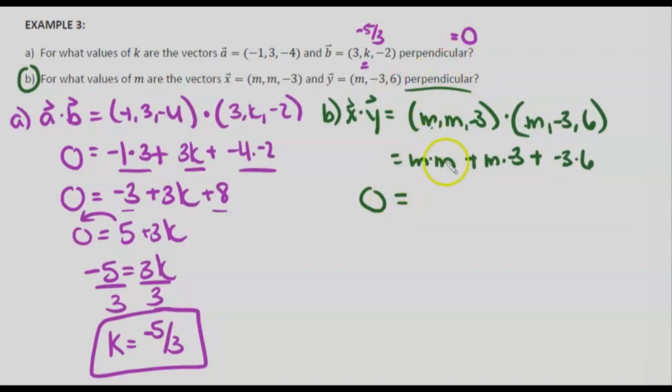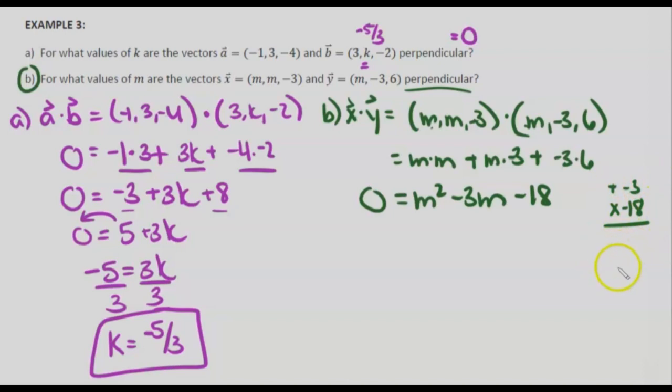So m times m, we get m squared minus 3m, and then that's going to be -18. So as soon as we see a trinomial with an m squared and an m, we're thinking immediately that we have to factor. Okay, so what two numbers multiply to -18 and add to -3?